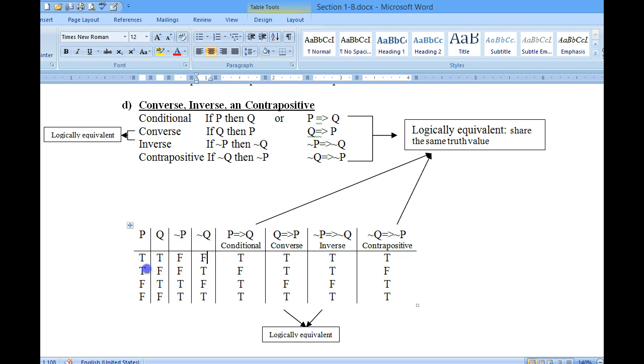If I have P being true and Q being false, remember the not means it flip-flops, then I have false, and then the opposite of Q would be true. And then down here I have P being false because I've done all of my trues with P. So my combination will be false or true with Q, and then again flip-flopped. So P is false here, so not P is true. Q is true, not Q is false. And our last one, false, false, which means the opposite will be true, true.